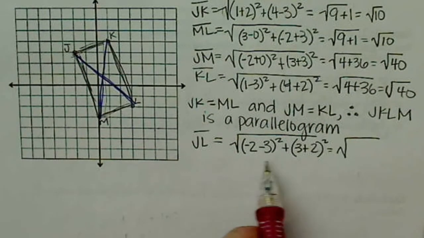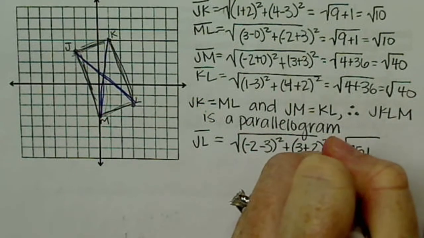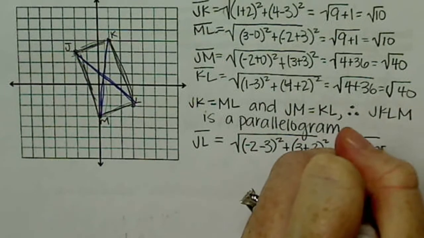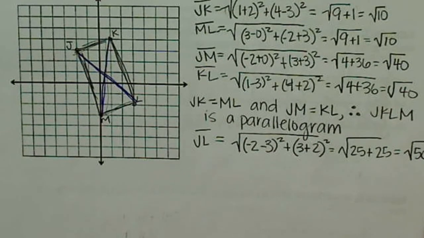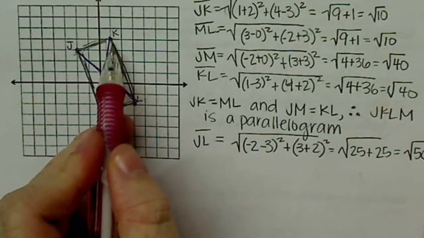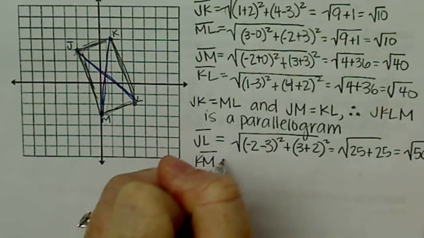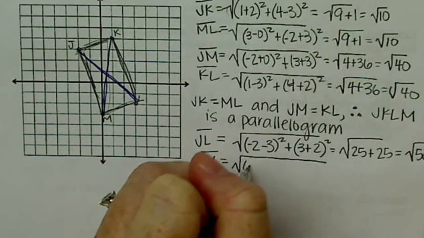So this is negative 5 squared, 25, and 5 squared is another 25, square root of 50. And let's see if this diagonal KM is also the square root of 50.